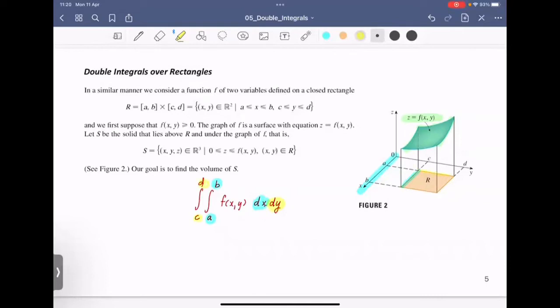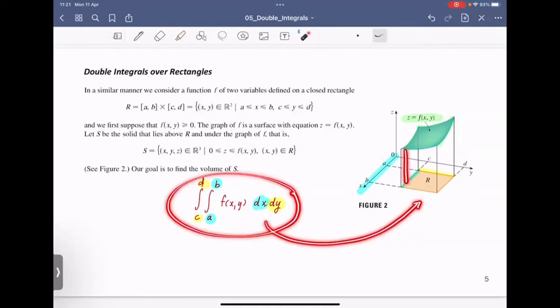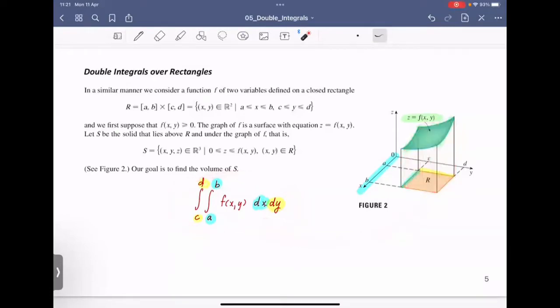And then here is going to be another side of this rectangle R. So this is actually the meaning of the double integral over a rectangle. If you find this, it's going to give you the volume under the surface c equal to f(x,y).